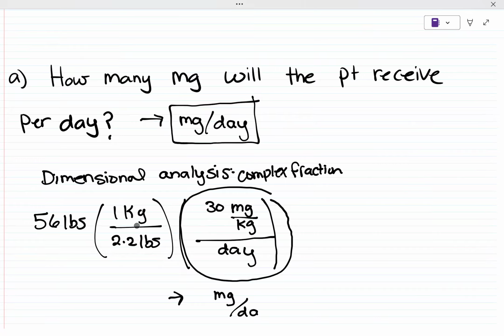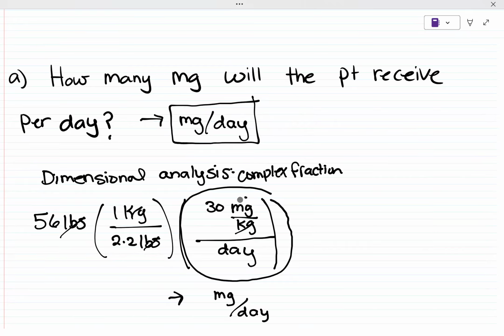The pounds disappear, the kilograms disappear, and then you're left with the unit mg on the top and day on the bottom.